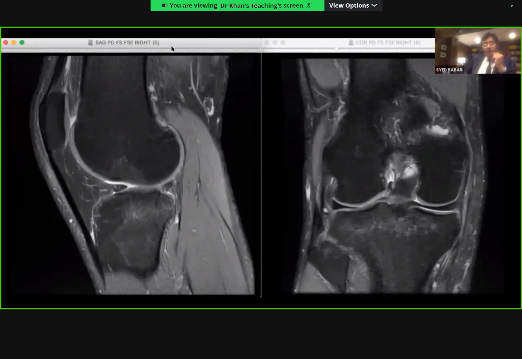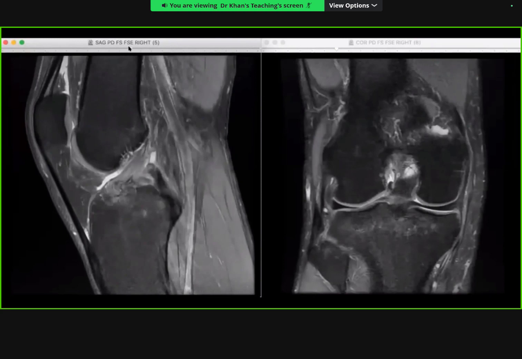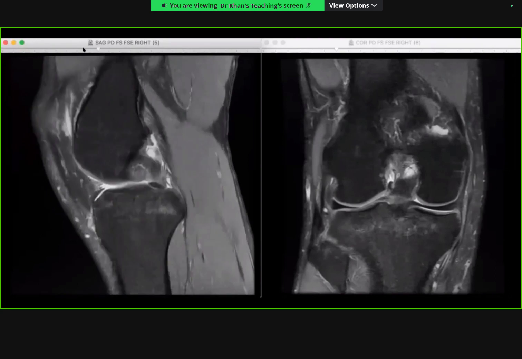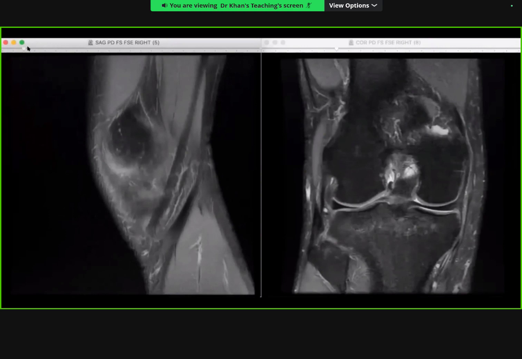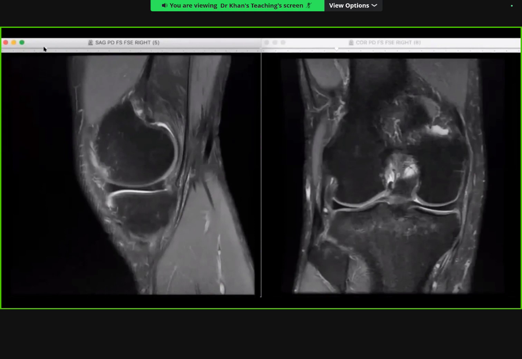So this is the MR scan of the knee that we've been given, and here you go. Okay. So this is a sagittal PD fat-set sequence of the right knee. Sorry, I'm just trying to scroll through. It's a bit slow.